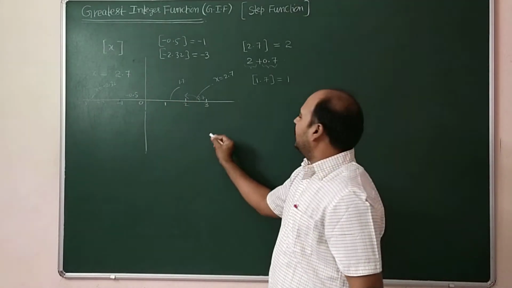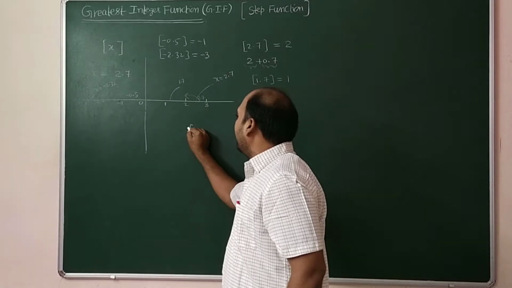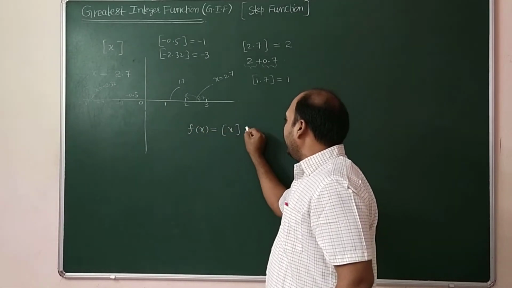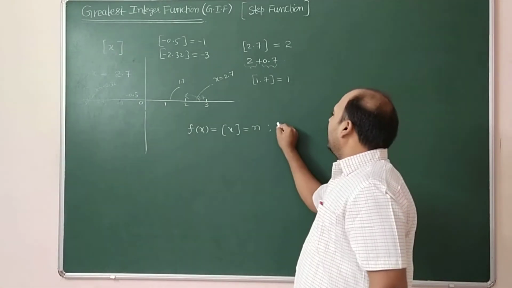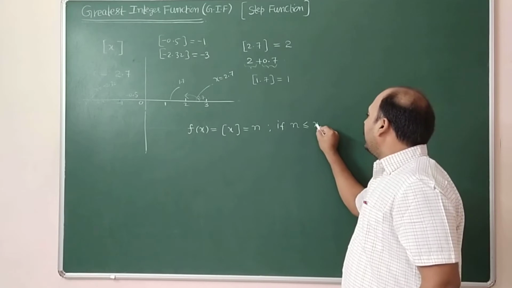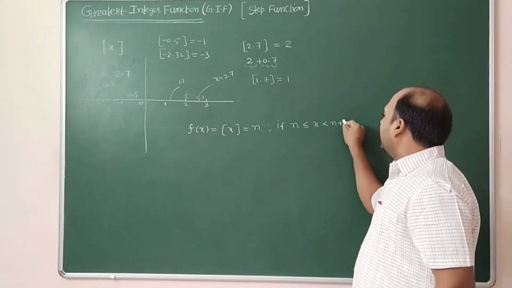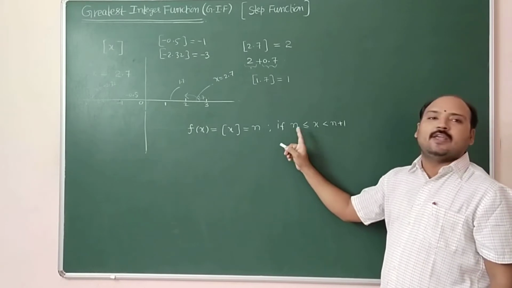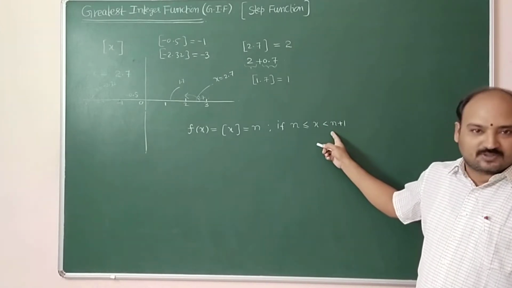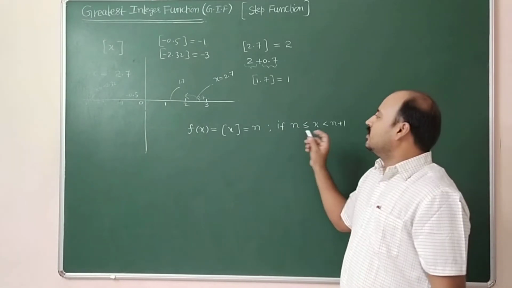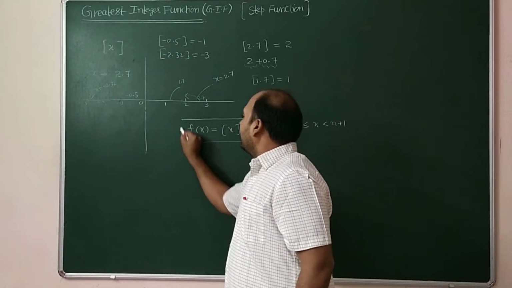That is the reason the step x function can be defined as f of x equal to step x, which is equal to n if n is less than or equal to x less than n plus 1. In between n and n plus 1, its value is only n. It should not be equal to n plus 1. So this function is called the greatest integer function.